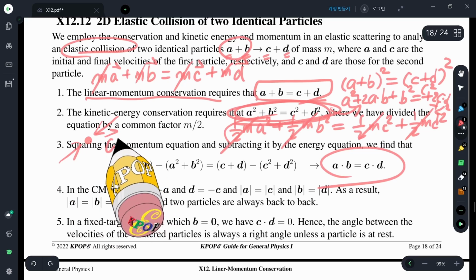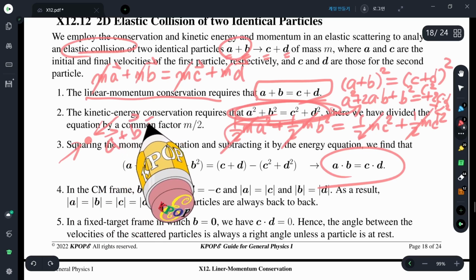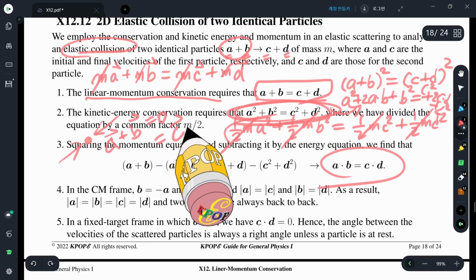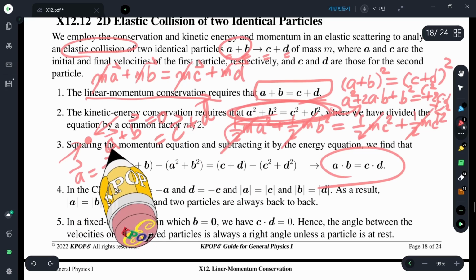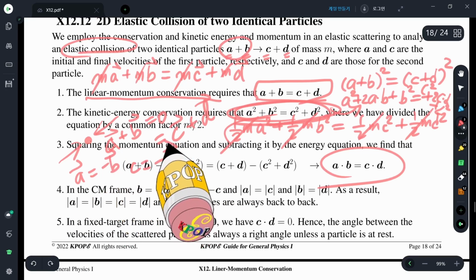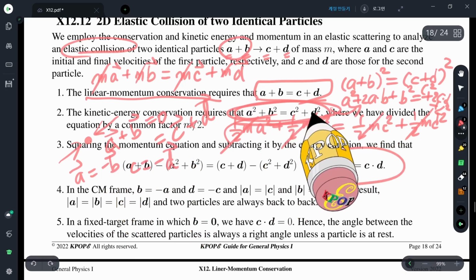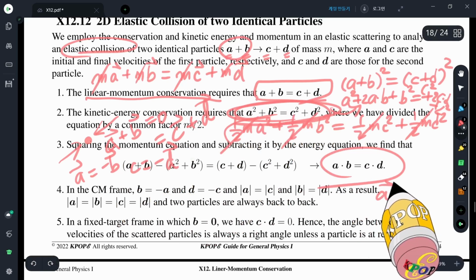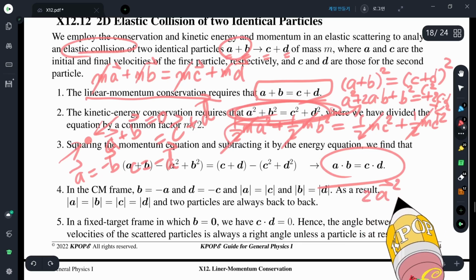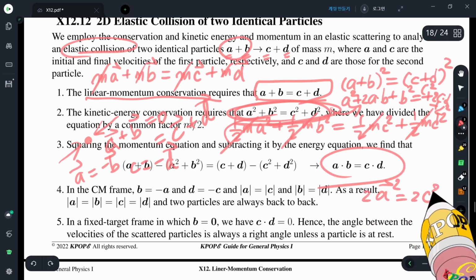Then a plus b equals 0, and that is c plus d. So a equals minus b, and c equals minus d, and energy conservation gives, substituting everything together, 2 times a squared equals 2 times c squared.